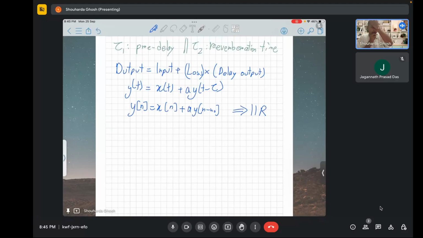So how can you model this? In fact, this reverberation can be heard in audio concerts as well, and you can emulate that in your mobile phone or computer by coding an IIR filter. So you have x[n], you have y[n], you have some gain factor, then a delay of n naught samples, and you add this to your output.